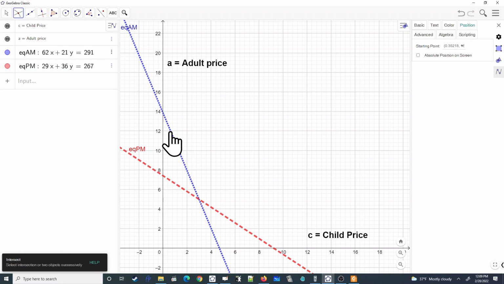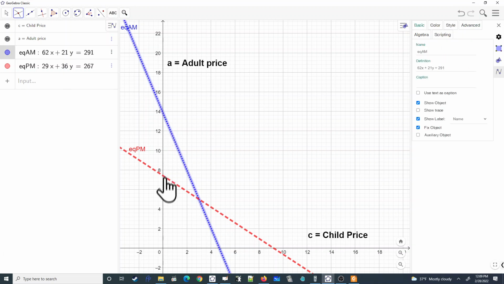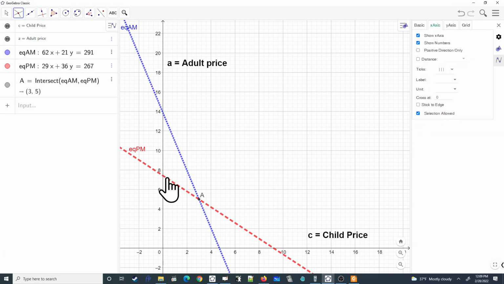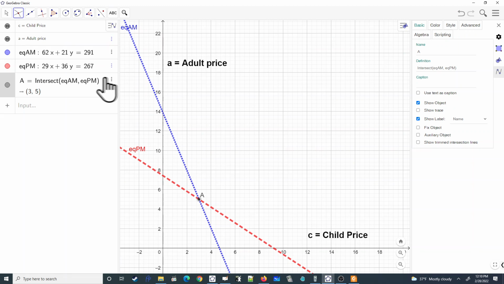So click on the blue graph, click on the red graph, get the point, choose to show by clicking on the three dots and choose settings. Show that you would like this point to have a value, and there you go, 3, 5, just like it's supposed to.